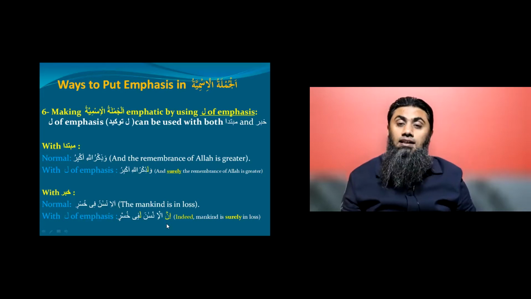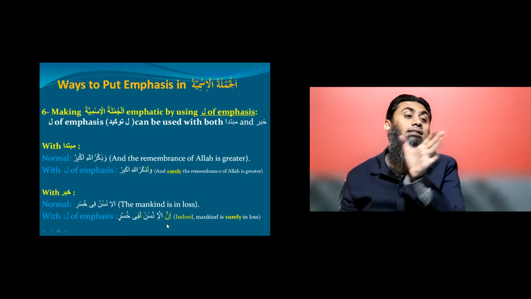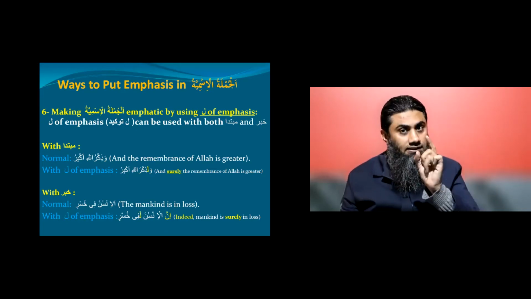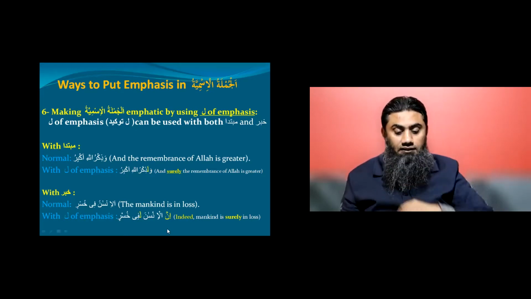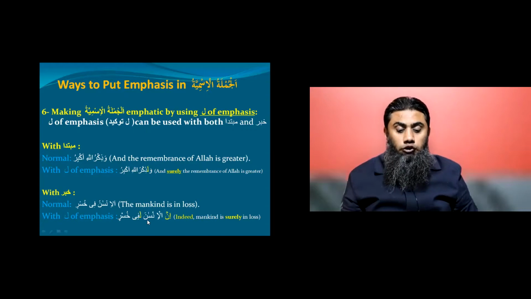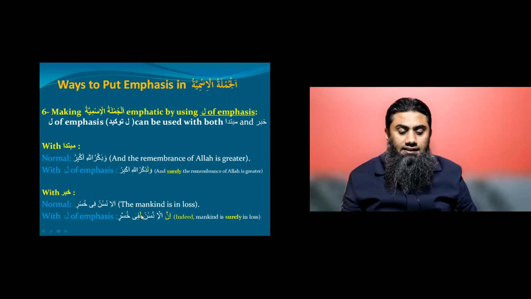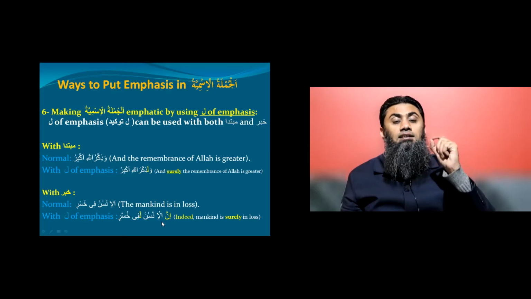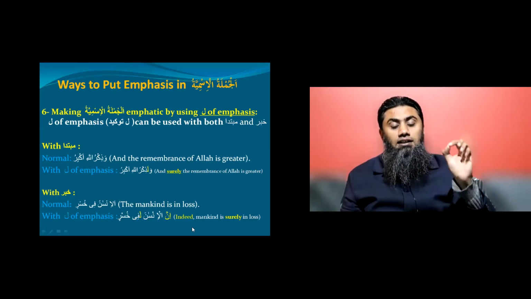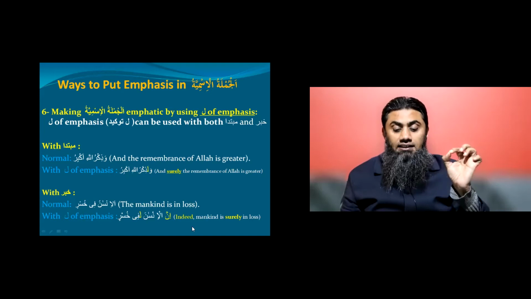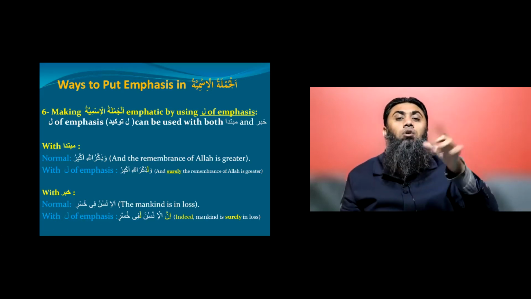It's the job of inna: it makes the ism next to it nasab, but it puts emphasis. So by adding inna, you make your mubtada part emphatic, and by adding this lam, you make your khabar part emphatic as well. And now, innal insana lafi khusrin. Indeed, mankind is surely in loss.